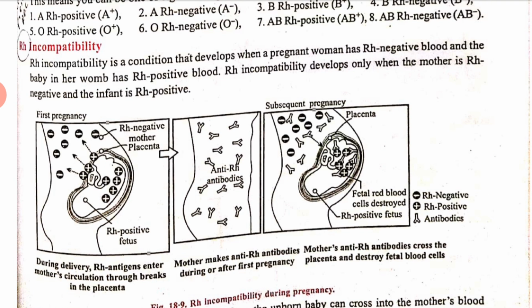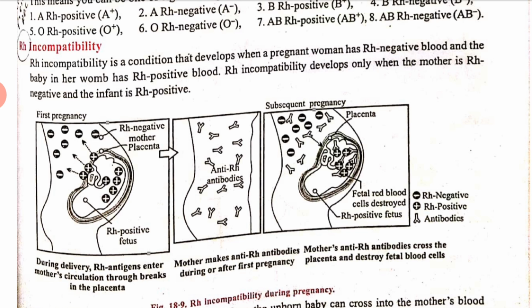So Rh incompatibility is a condition that develops when a pregnant woman has Rh negative blood and the baby in her womb has Rh positive blood. Okay, so Rh incompatibility develops only when the mother is Rh negative and the infant is Rh positive. That means the baby is positive but the mother is negative.